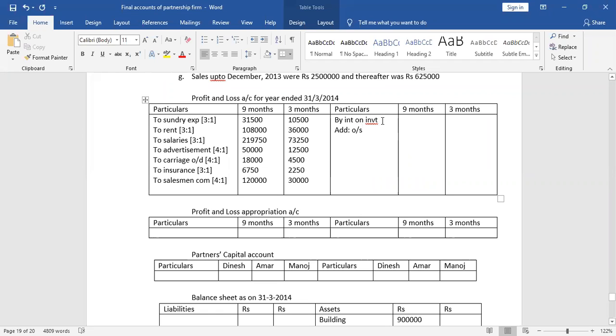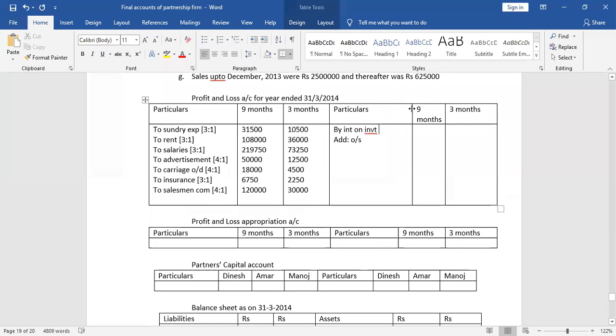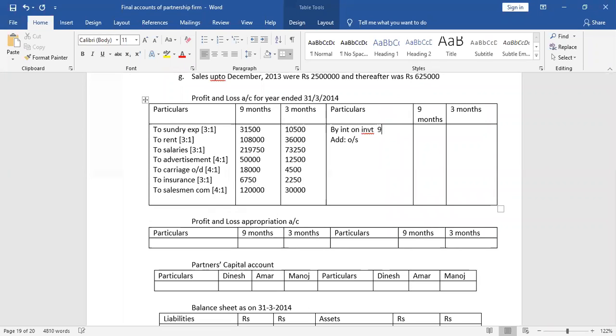So here we will write 12,000 interest on investment in the outer column, so that we get place to write 12,000, and this outstanding is also 12,000. So 24,000 we have to divide by time ratio.